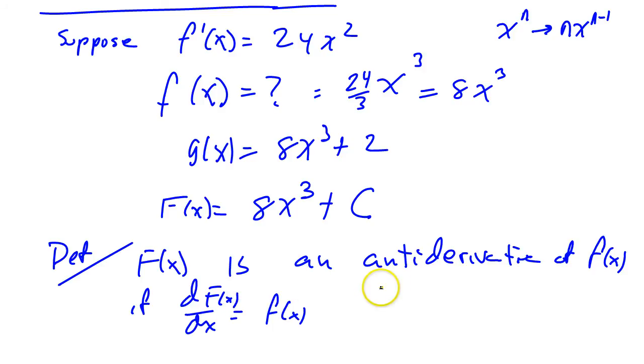I don't say the antiderivative, I use an indefinite article here, because there's not necessarily just one. In fact, there will always be infinitely many, because as soon as you find one, you can add a constant to it and you've got another one. So this is called an antiderivative.